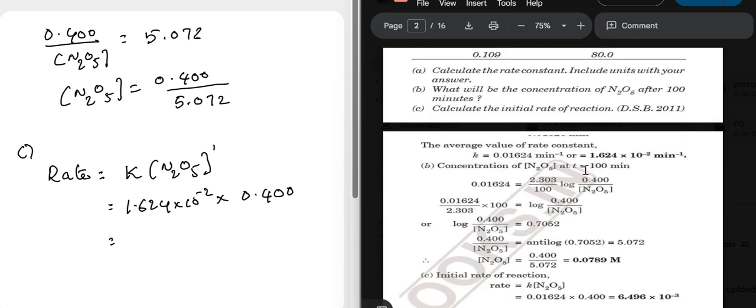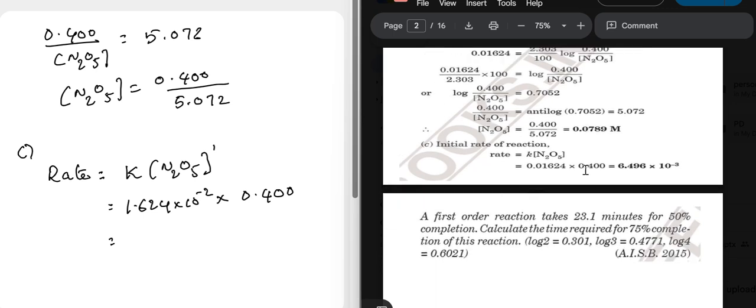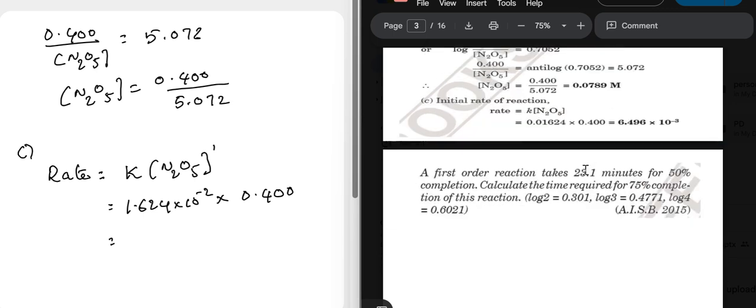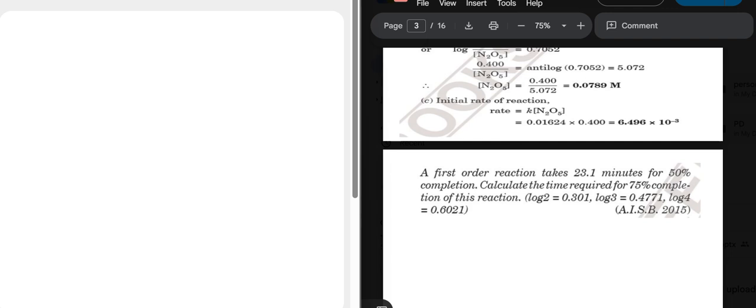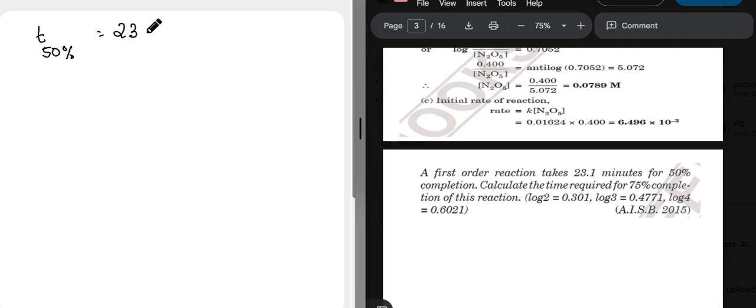Now we will move on to the next question. A first order reaction takes 23.1 minutes for 50% completion. So the time taken for 50% completion, we can write as T 50%, 23.1 minutes, right?